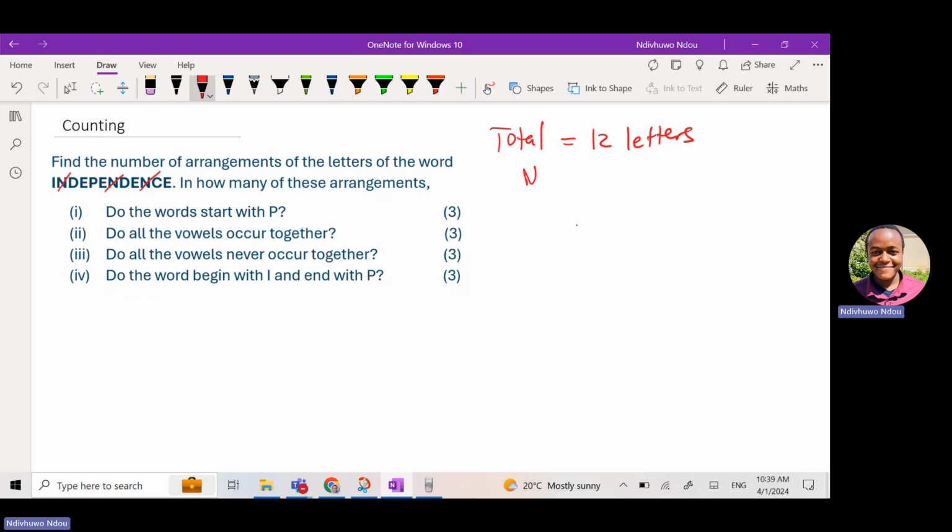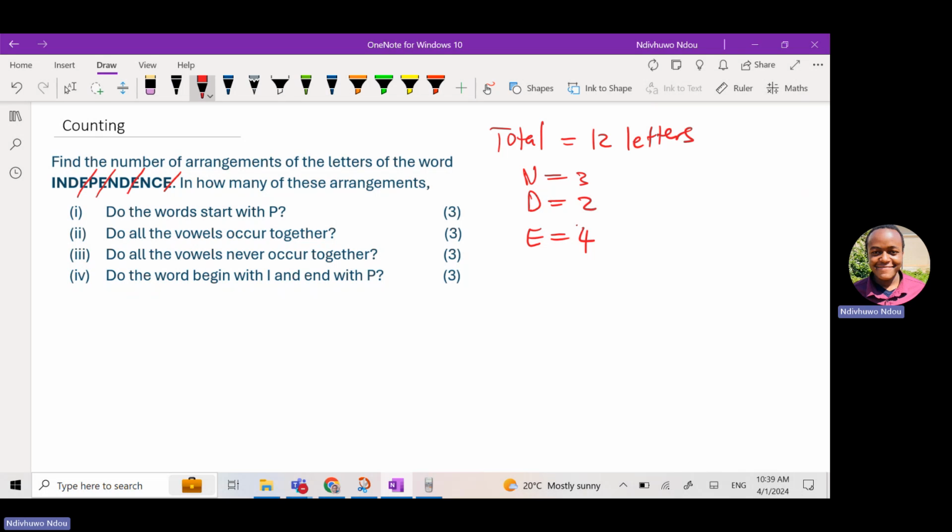We have D, which is repeating 2 times. And we have E, 1, 2, 3, 4, E, which is repeating 4 times. Do we have another repeating letter?